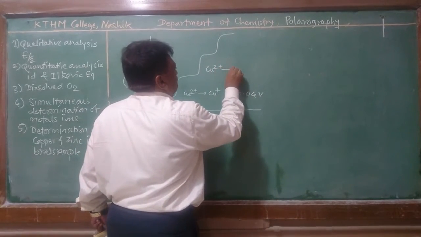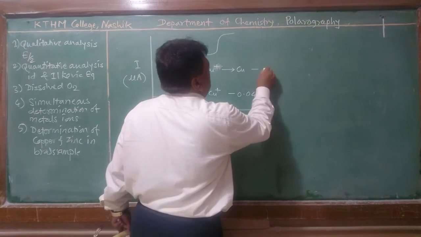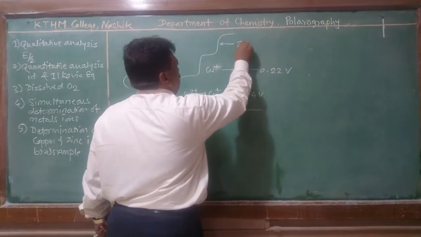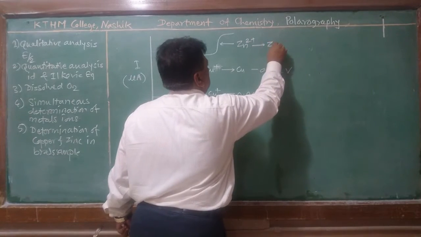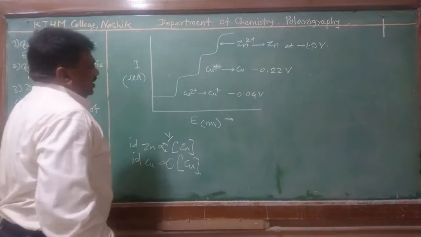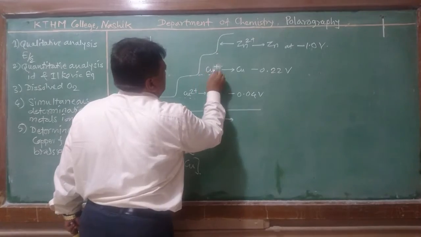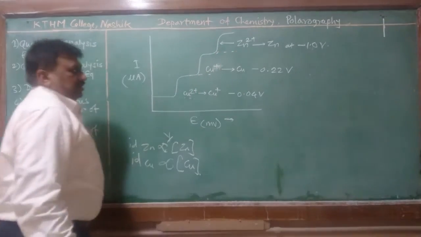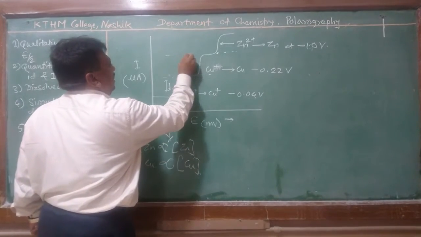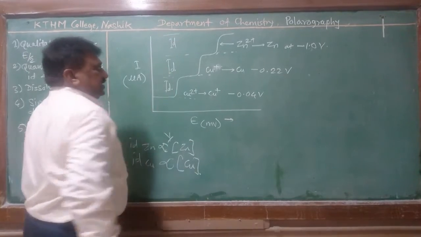Then copper plus 1 to copper 0, at minus 0.22 volt. Then zinc 2 plus to zinc at minus 1.0 volt. Suppose this is the first Id, this is the second Id of copper, and this is the third Id of zinc.